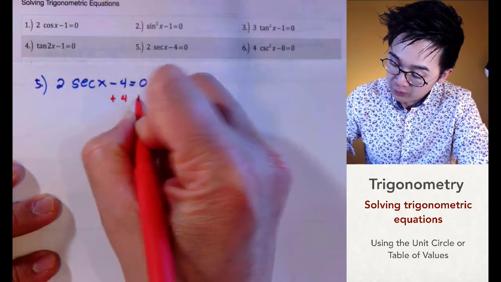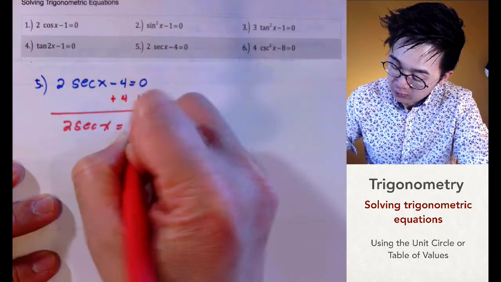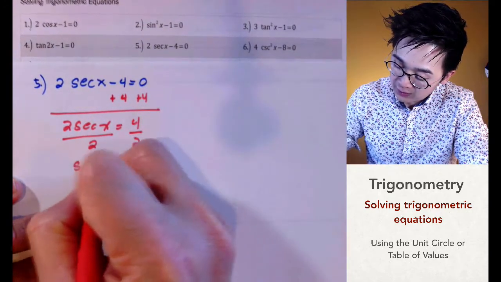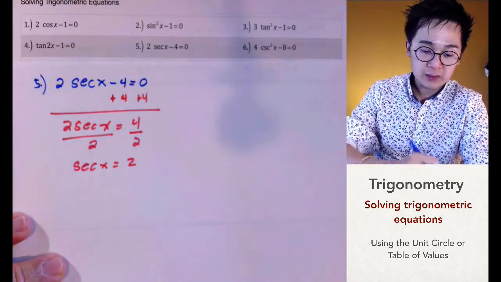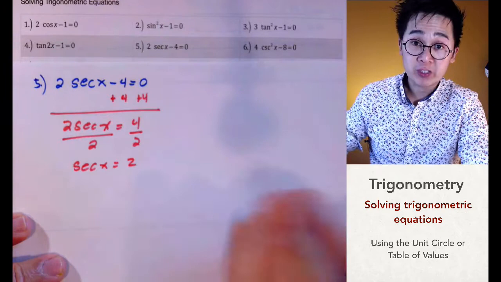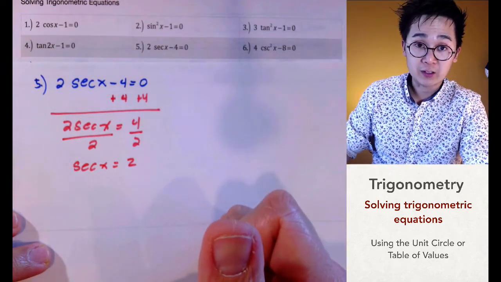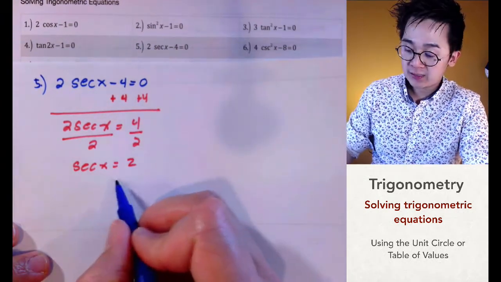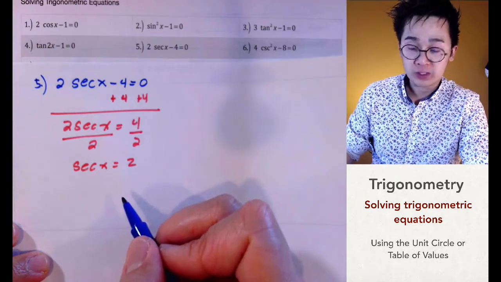We add 4 on both sides. So we have 2 secant x equals 4. And then you divide both sides by 2. So secant x is equal to 2. Now, since most unit circles or tables of values only give you the sine, cosine, and tangent, we're going to transform our secant x equal to 2 into its inverse, which is cosine.